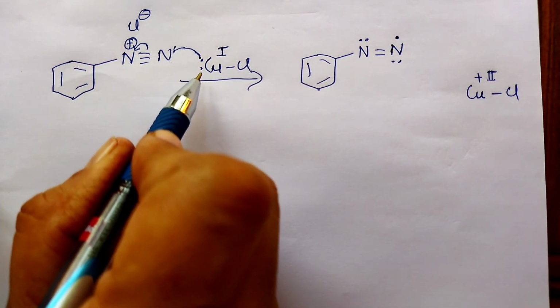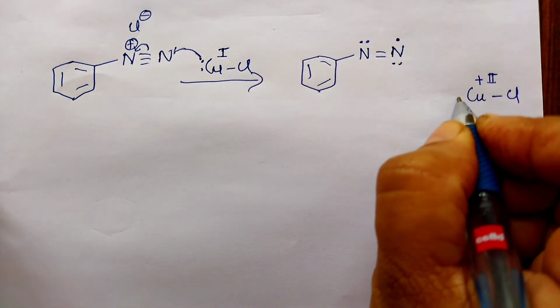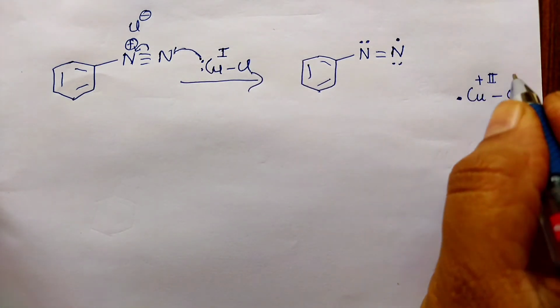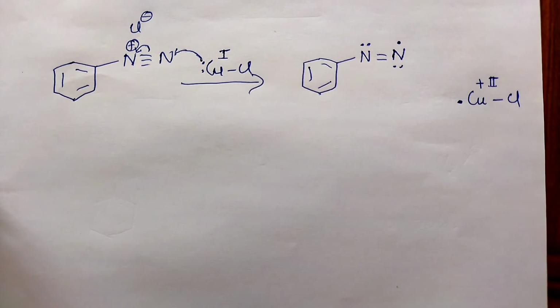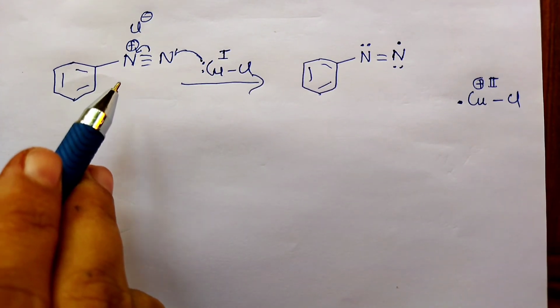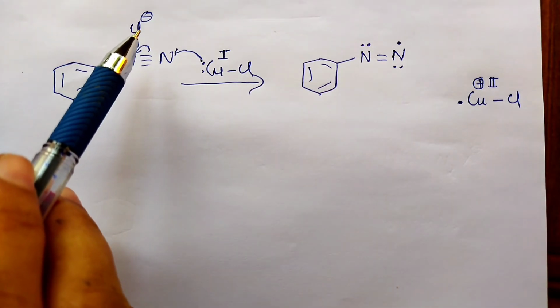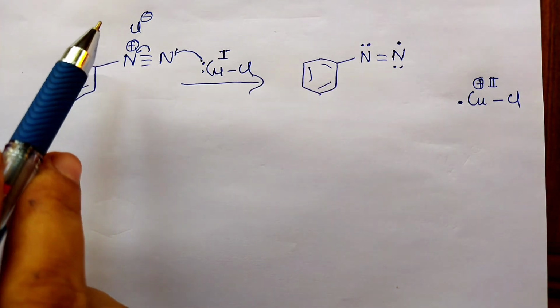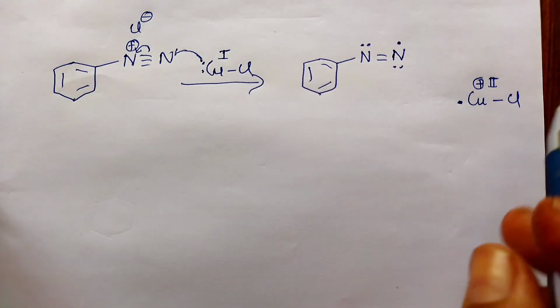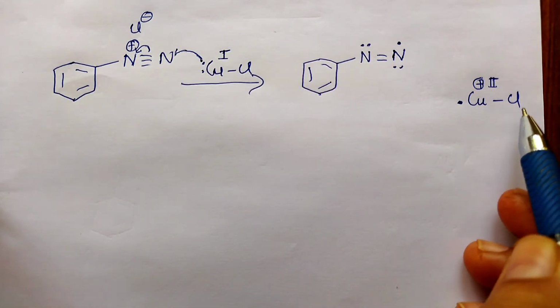One more electron of the electron pair remains with that. So the structure of copper chloride will look like this. Now positive charge from diazonium salt is gone. It is neutralized here. So the chloride ion or the anion tries to find another positively charged species, that is nothing but this copper chloride.